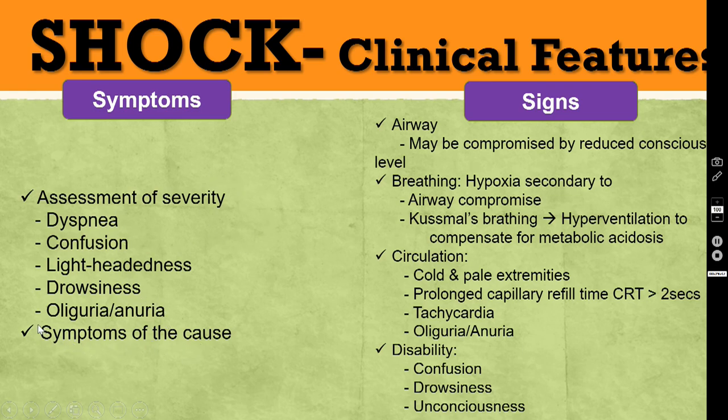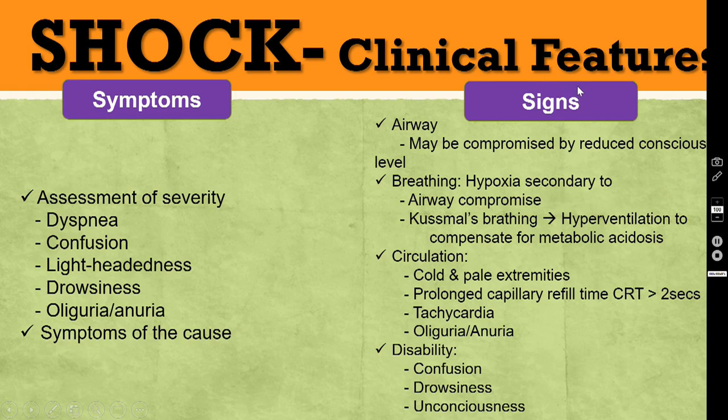Of course, we have to look for the symptoms of the cause. Suppose it is cardiogenic shock, naturally the patient may have chest pain. If it is septic shock, there will be symptoms because of sepsis. So like that, you have to look for the symptoms of the various causes of shock, maybe trauma in hypovolemic shock.